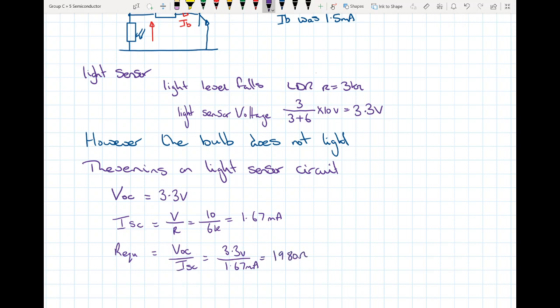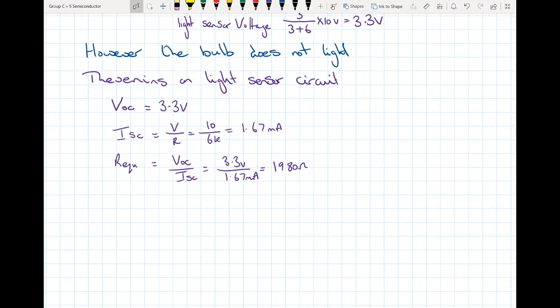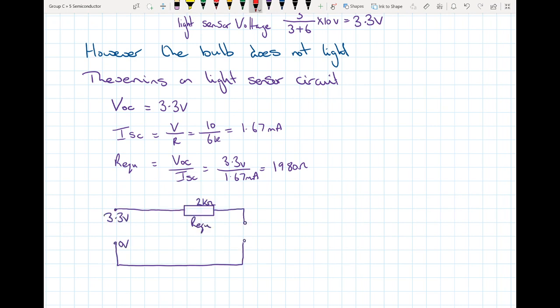So we'll use 2 kilo ohms in the circuit. So the next job is for us to draw our Thevenin's equivalent circuit. So there we have our equivalent circuit. We've got our equivalent resistance 2k, our voltage open circuit 3.3 volts, and this is where normally our load would go. But here our load effectively is our transistor circuit.